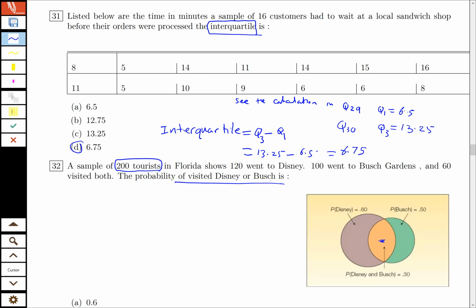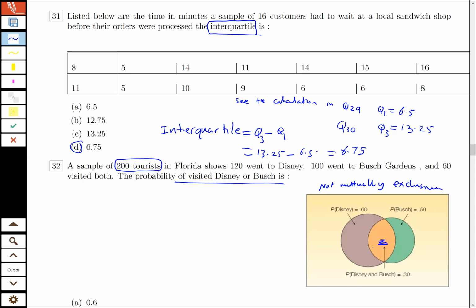Disney or Busch. Now here we have to be careful, because these are not mutually exclusive. There is something in common. We have two events which are related to each other.